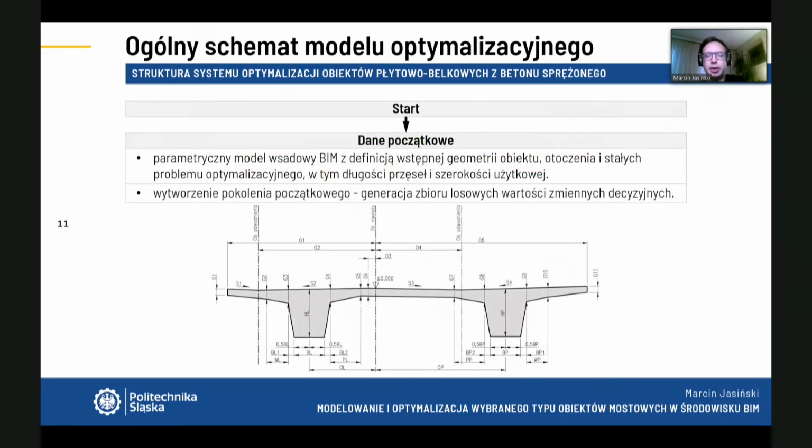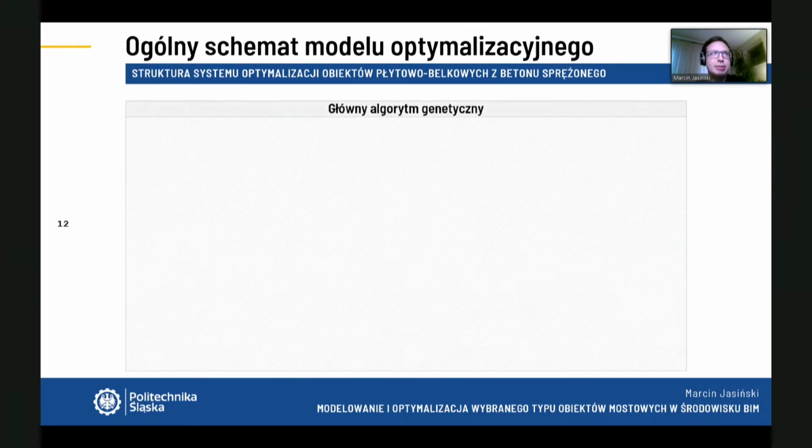Using the parameterization included in the BIM model, we create 30 numerical variants of these elements. The general algorithm for optimization, a genetic algorithm, starts with evaluation of cost for each of the 30 primary solutions.